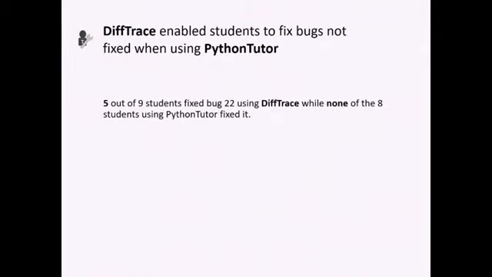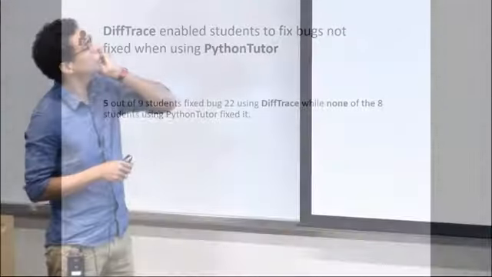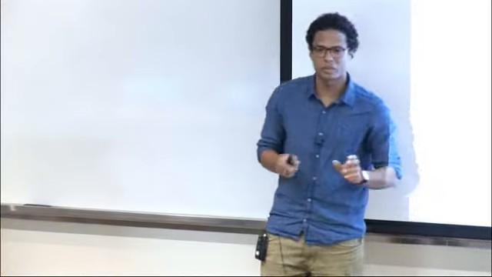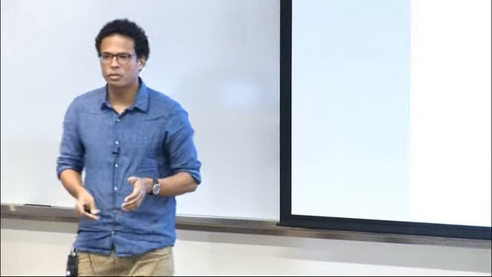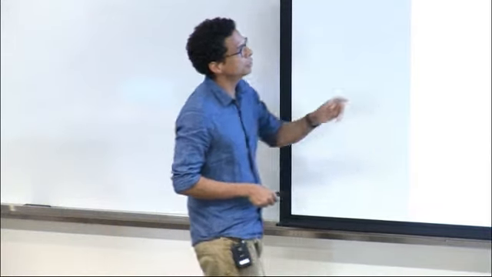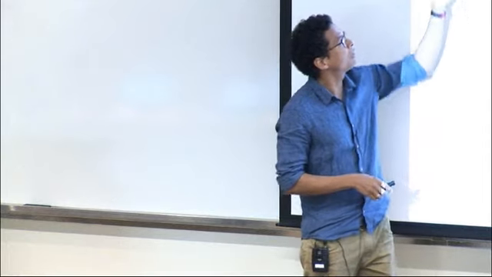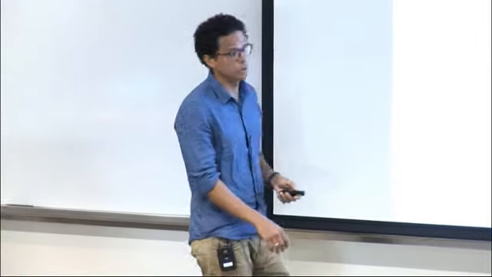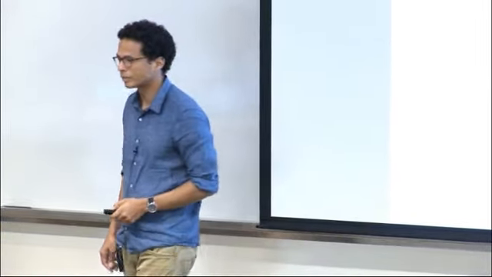We are still evaluating this. We did a small evaluation with 4 problems. Although we didn't find a statistically significant difference considering all the problems, for one of the problems, among students using Trace Diff, 5 out of 9 were able to find the bug, and the students using just Python Tutor were not able to find the fix.